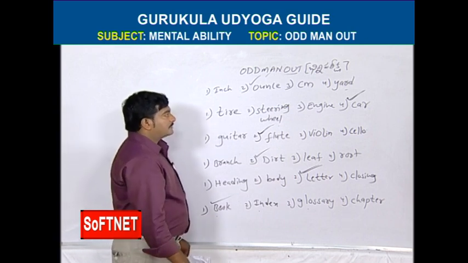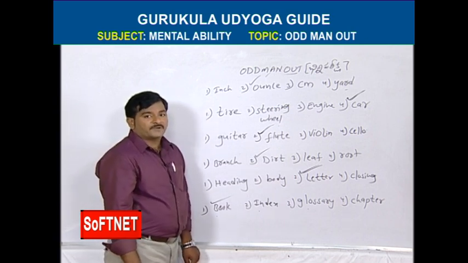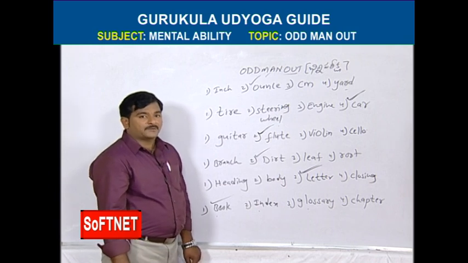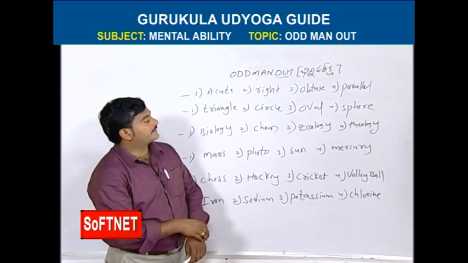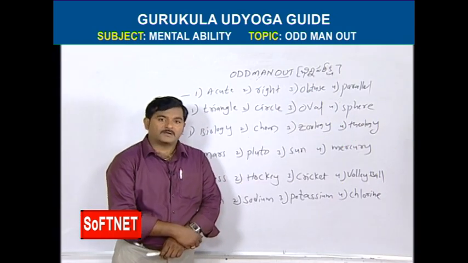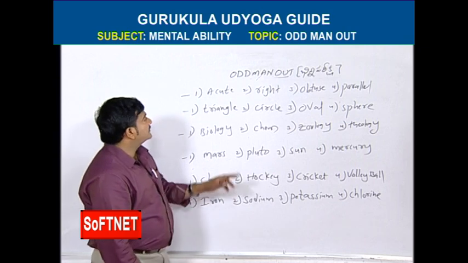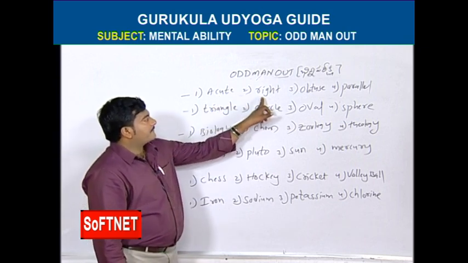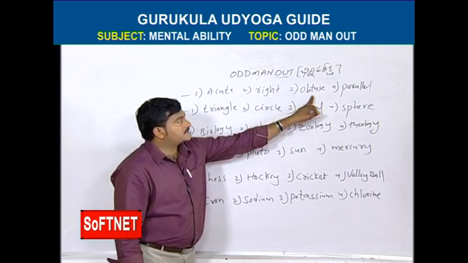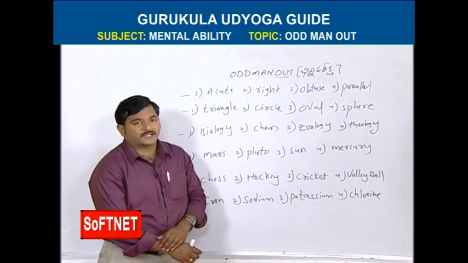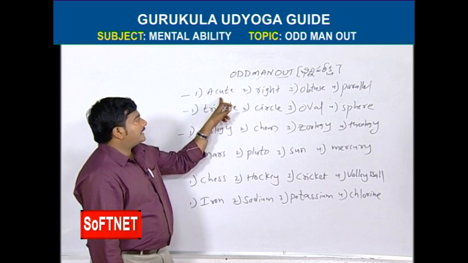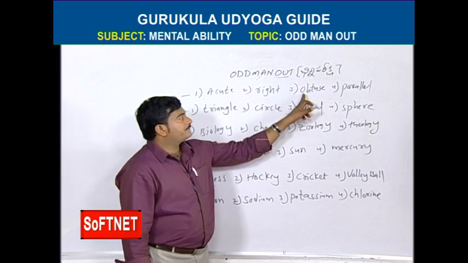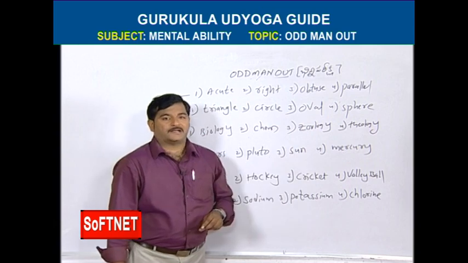These are some questions regarding word odd man out. We will discuss some other questions regarding this. Now some other models regarding word odd man out. Let us see the first one: acute, right, obtuse, parallel. If you observe, these are all related to angles: acute angle, right angle, obtuse angle, parallel annam, parallel.